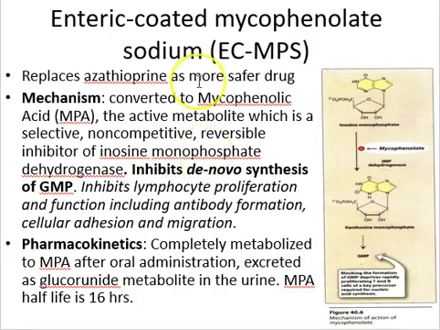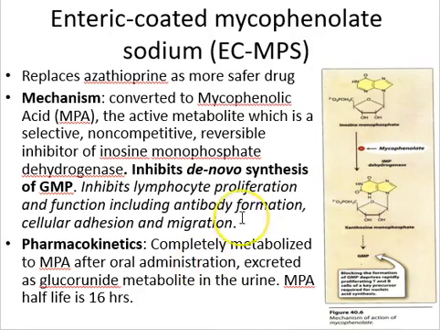What does that mean? Basically, you shut down de novo synthesis of GMP. And GMP is really important for lymphocyte proliferation, production of antibodies, the process itself of cell adhesion and cell migration. So we're talking about immune cells, specifically lymphocytes.